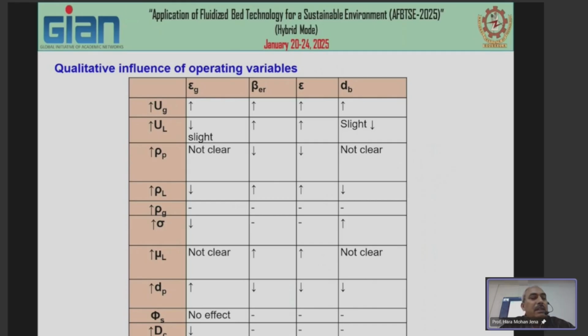In this gas liquid solid system, the flow rate of the gas, flow rate of the liquid, which is actually represented in terms of superficial velocity of the gas, superficial velocity of the liquid, density of the particles, liquid density, density of the gas phase, surface tension of the liquid, viscosity of the liquid, the size of the solid particles, the shape factor of the solid particles, and the diameter of the vessel or the column.